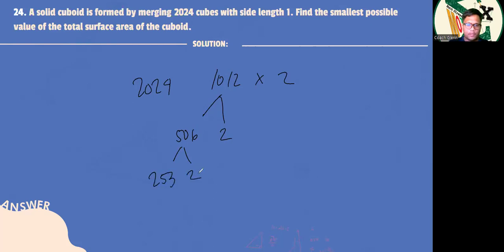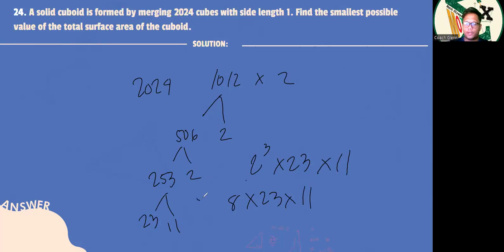And 253, that should be divisible by 23. So that's 23 times 11. So therefore, our prime factorization is 2 cubed times 23 times 11. So our only possible integer dimension is 8 times 23 times 11.